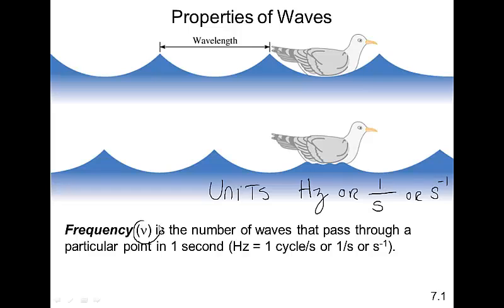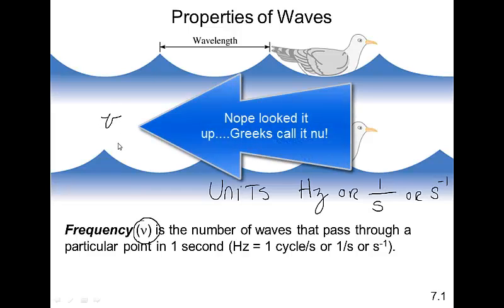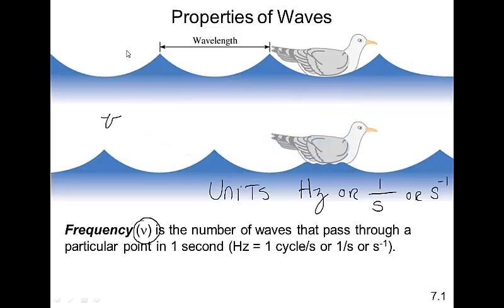The symbol for frequency is this guy. Again, I write it as a cursive V. This is also a Greek symbol. This is the symbol for frequency, and this is your wavelength symbol, not the units. All right? So those two are going to be exceedingly important.